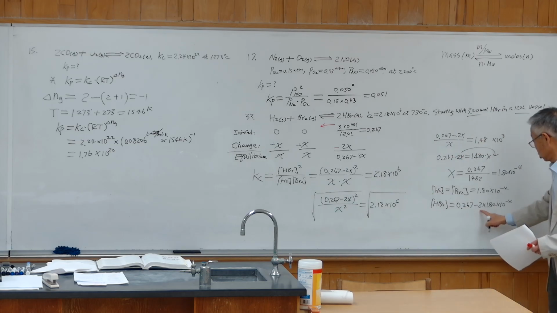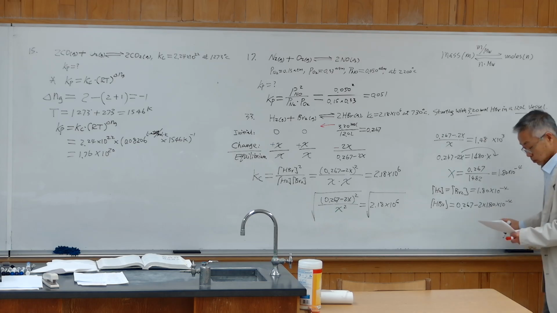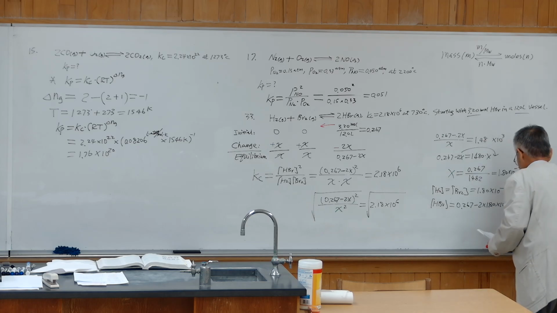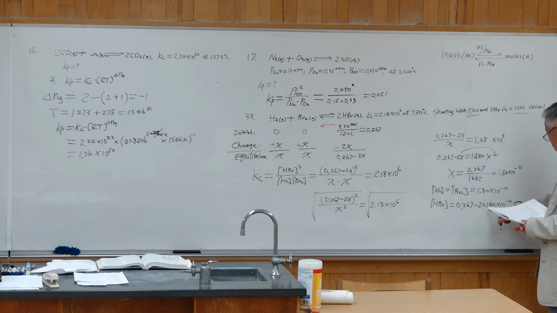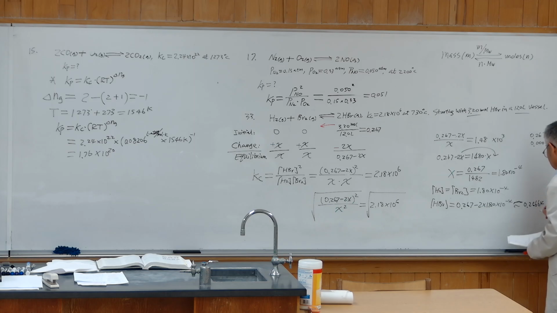And this will be 0.267 minus 2 times 1.8 times 10 to the negative 4, which is 0.00036, and that gives 0.26664.